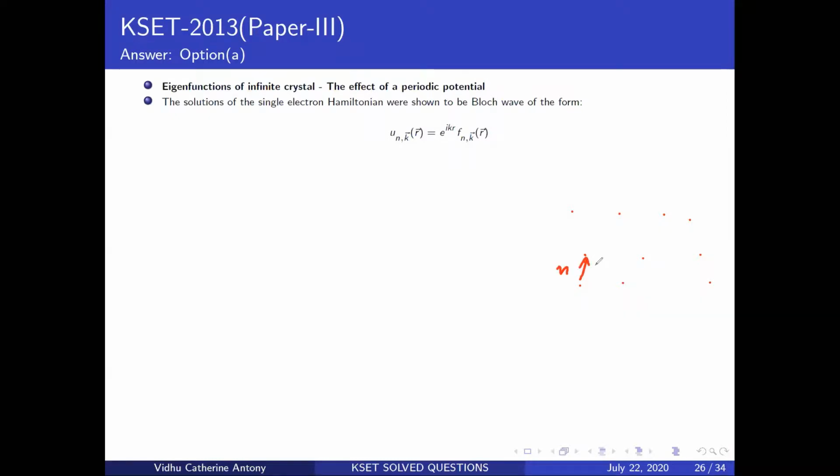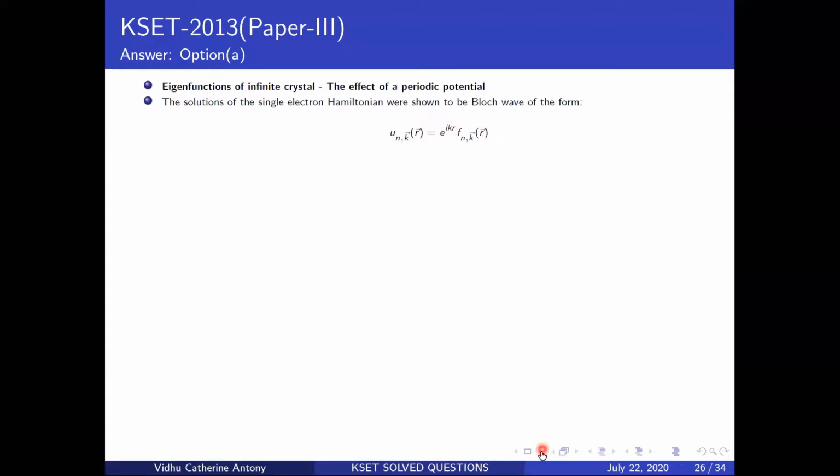So you're looking at a periodic nature at that section, a discrete quantity n. Now psi n k of r vector is equal to e to the power of i k r, your wave vector, times u n k of r vector. This is how the solutions are defined, like a Bloch wave.